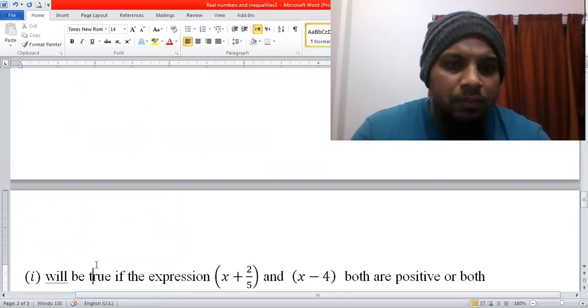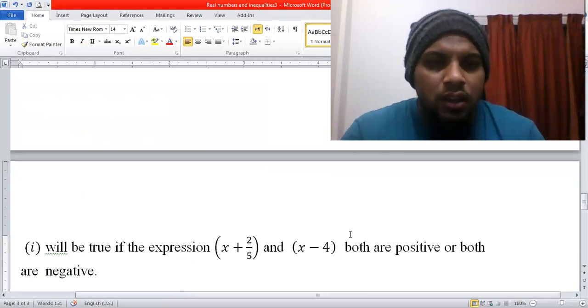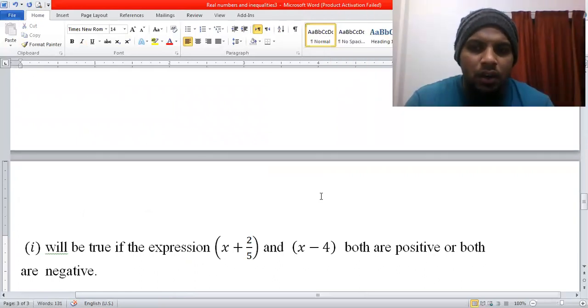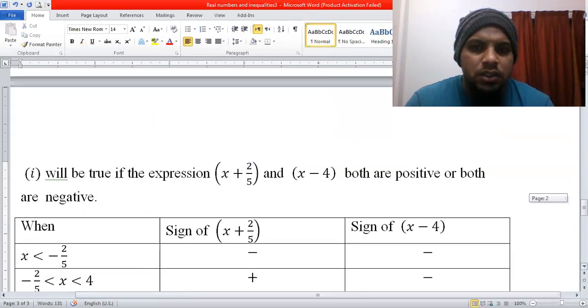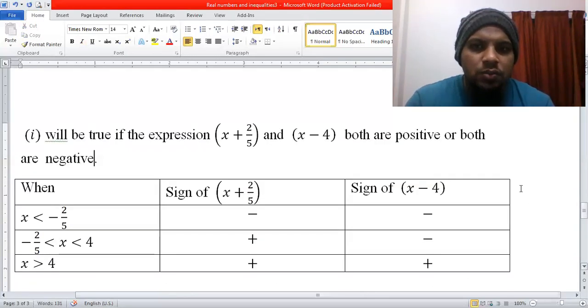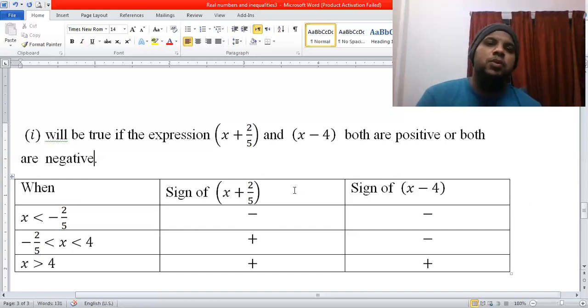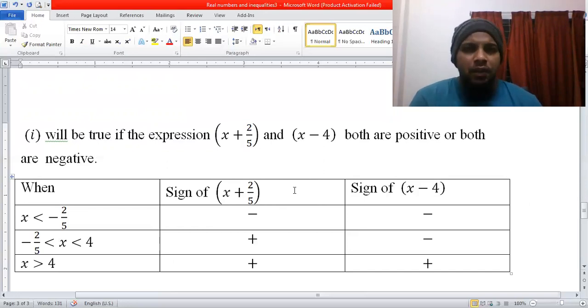Okay, this will be true if x plus 2 by 5 and x minus 4 are both positive or both negative, because then the product is positive. The product should be positive. That's why both should be positive or both should be negative, not one positive and one negative.